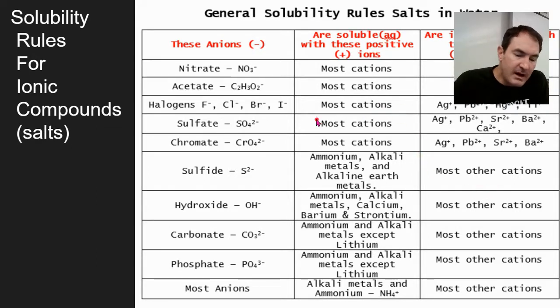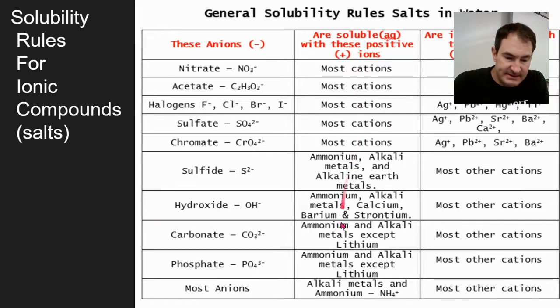So how does this work? Remember, in an ionic compound, we always have a cation and an anion. In this chart, we're always going to start with our anion here. So we find the anion that we're looking for, and then whatever cation it's joined with, we need to see which of these two columns it fits into.